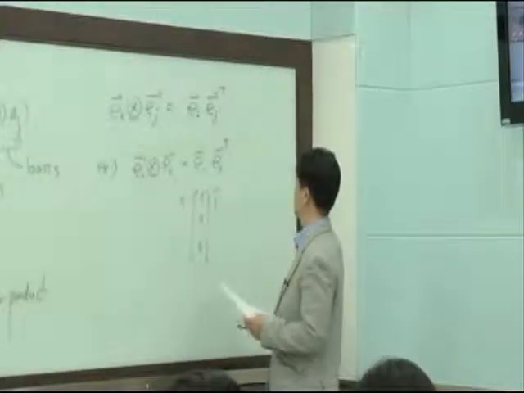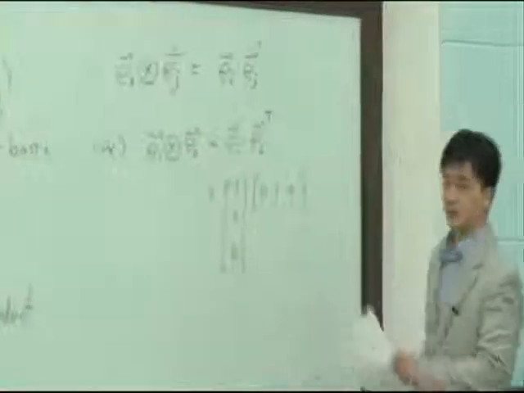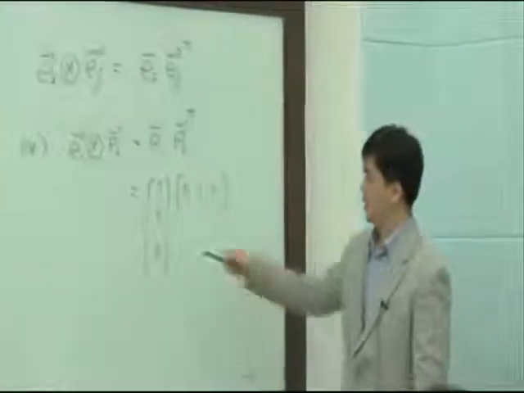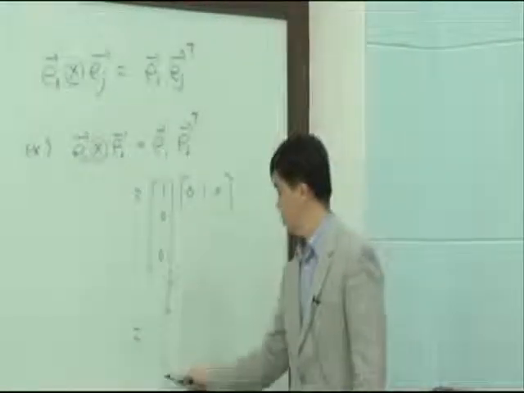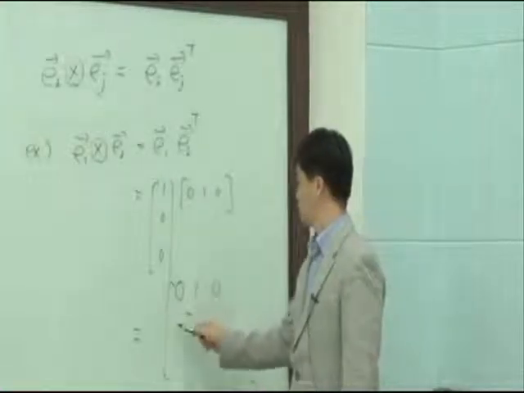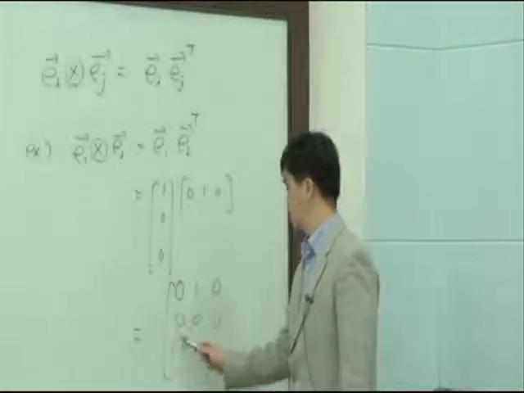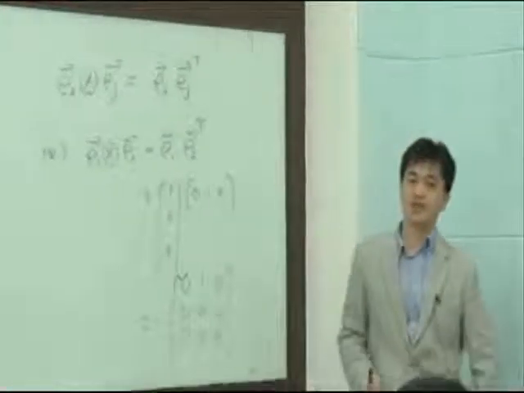Here E2 is 0, 1, 0. Watch this. If I calculate this, we have 0, 1, 0, 0, 0, 0, 0, 0, 0. We have a matrix, right?